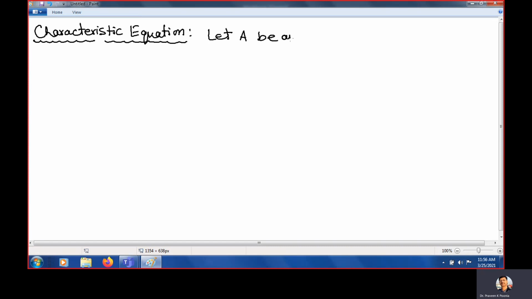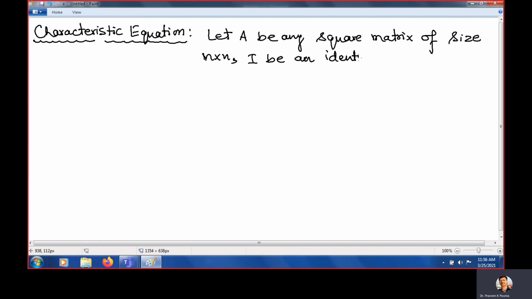So let A be any square matrix of size n by n, meaning it is a square matrix. Let I be an identity matrix, and lambda is any unknown.